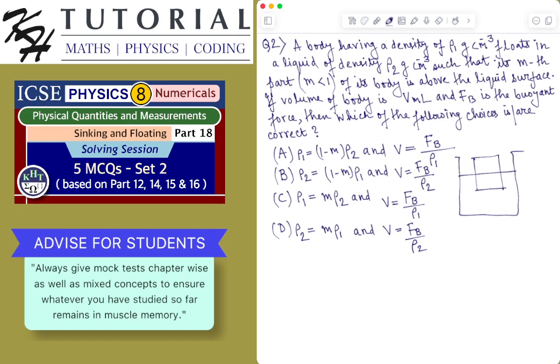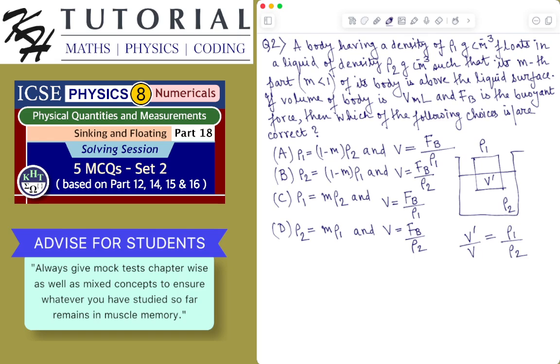The density of the liquid is rho 2, and the density of the body is rho 1, and it is given that if I consider V dash to be the volume of the immersed part of the body, then the total volume of the body is V. I know that what fraction of the body is immersed in a liquid when it floats partially immersed, that is nothing but V dash by V. We have already discussed that this is nothing but rho 1 by rho 2.